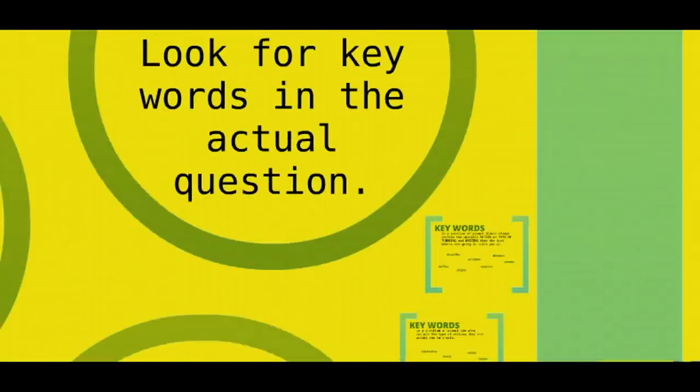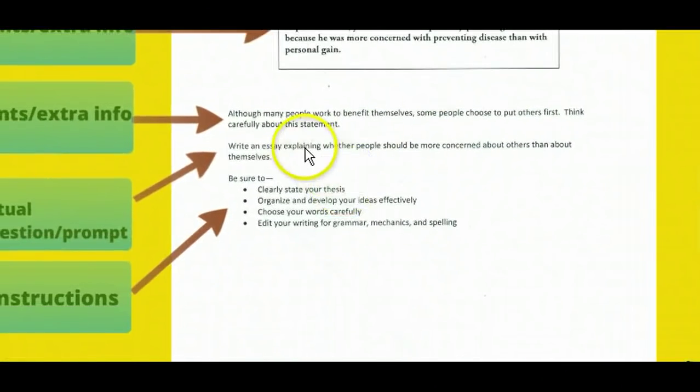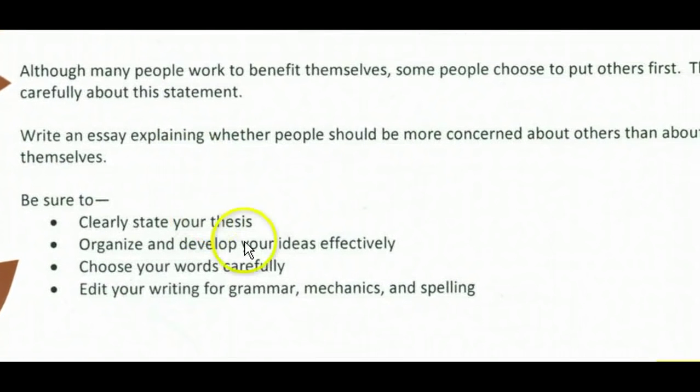So for instance, when we go to the actual question on our prompt down here and we look for keywords, if we were going to highlight keywords, I would look at it this way, right? Here's our actual question. Write an essay explaining whether people should be more concerned about others than about themselves. Well, I know that I'm supposed to write what kind of writing? An essay.